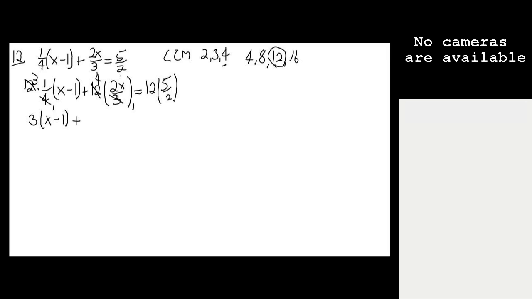X is equal to minus b, so minus minus 3, plus or minus the square root of b squared, which is minus 3 squared, minus 4 times a, which is 1, times c, all over 2a.